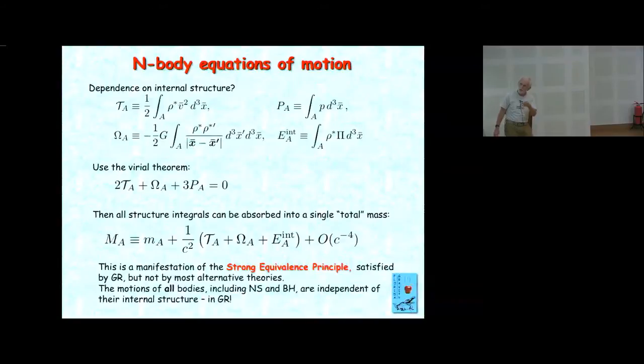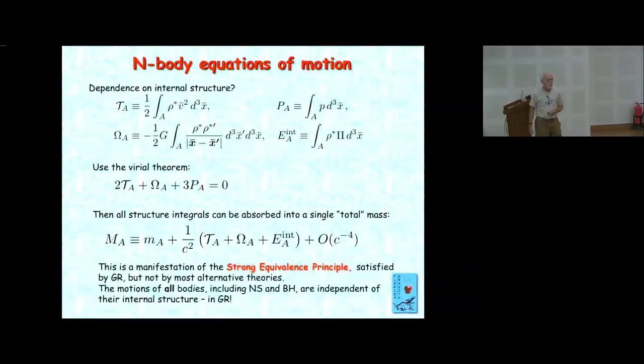You can really show that these higher order terms just go away and can all be absorbed in a well-defined way. And so it suggests that the motion of all bodies is independent of their internal structure, including neutron stars and black holes. Now, of course, our calculation can't tell us anything about black holes because black holes aren't made of perfect fluid.